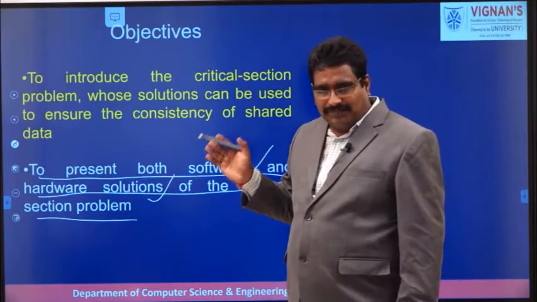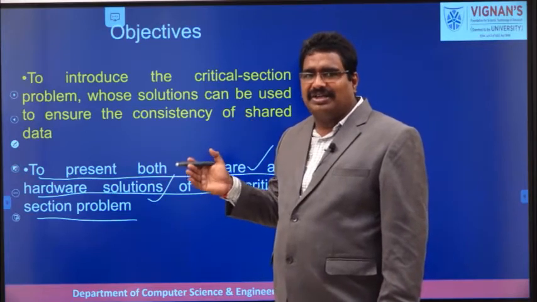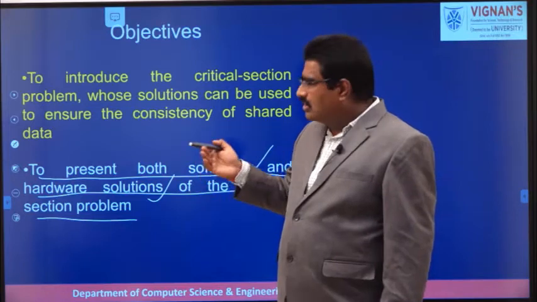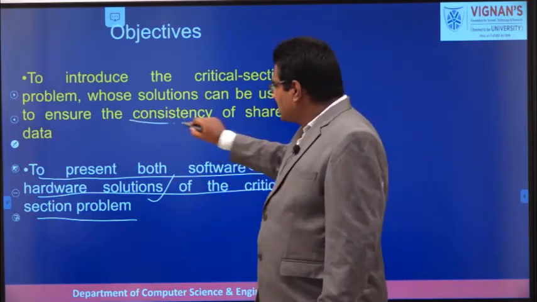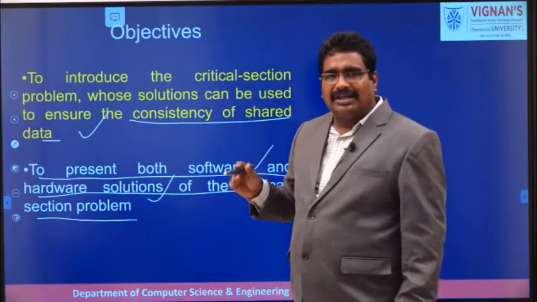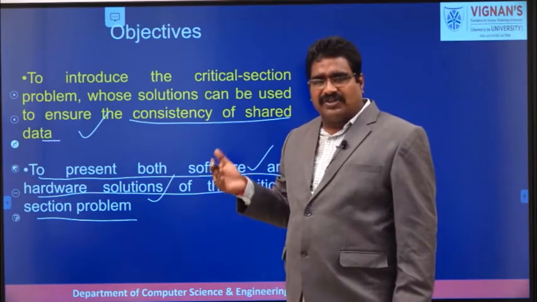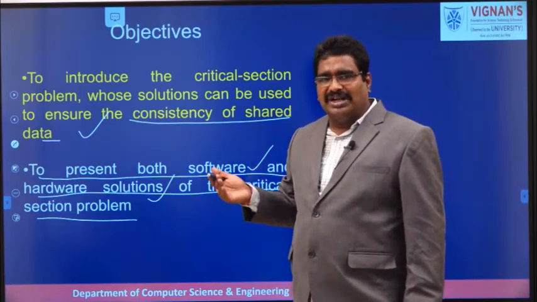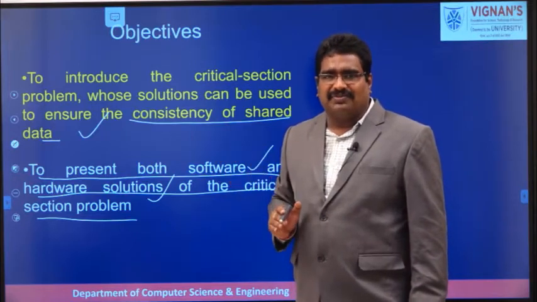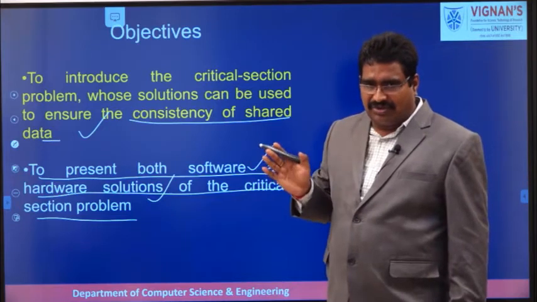So the objectives are that the student must be able to understand what the critical section problem is and how to provide the solutions, those solutions ensure the consistency of the shared data, and the student is capable of providing both software and hardware solutions. These are the objectives of process synchronization.